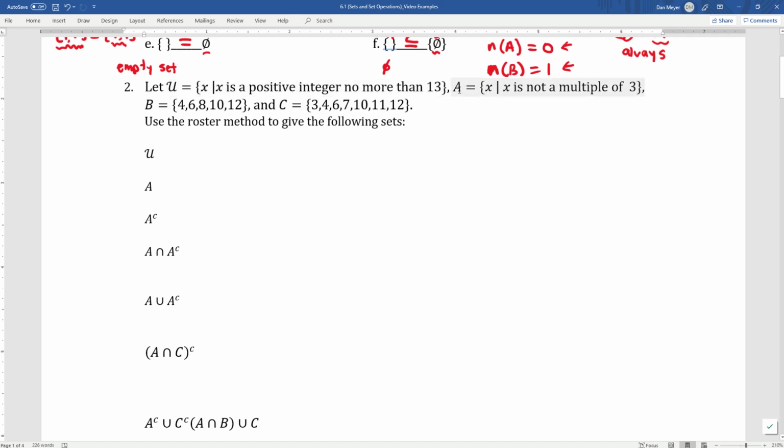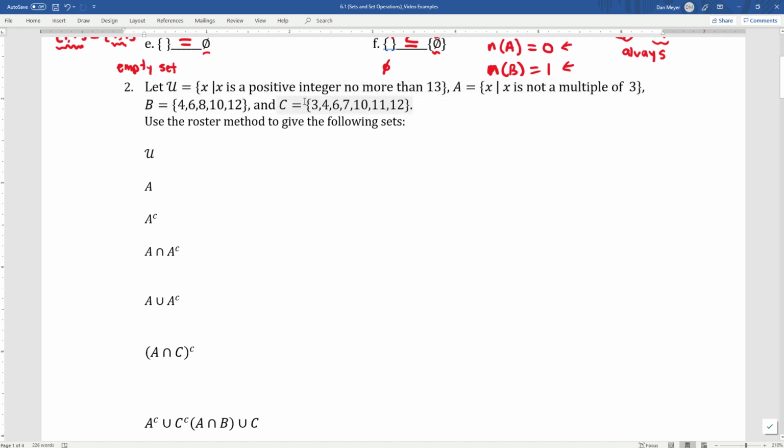We also have set builder notation for the set A. A is the set of X such that X is not a multiple of 3. When we're presented with this universal set, we're talking about all of the elements in the universal set that are not multiples of 3.